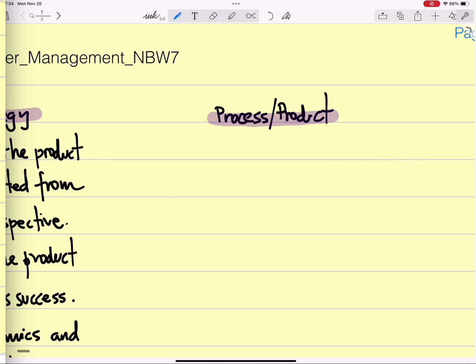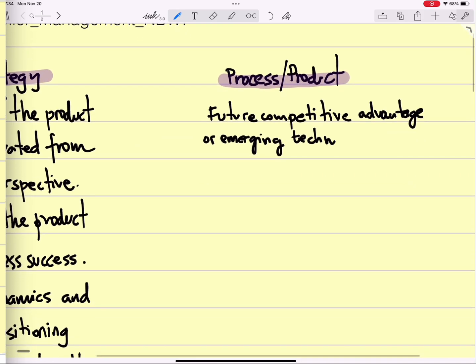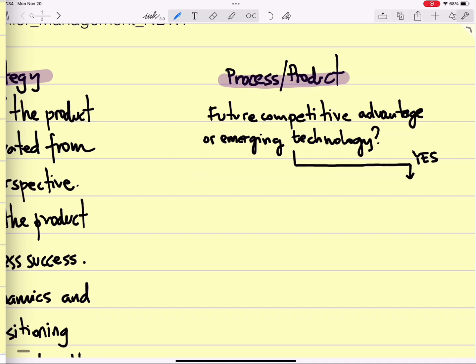The core question would be: do we have a future competitive advantage or emerging technology? If the answer is yes, then the product is strategic and we should make it.